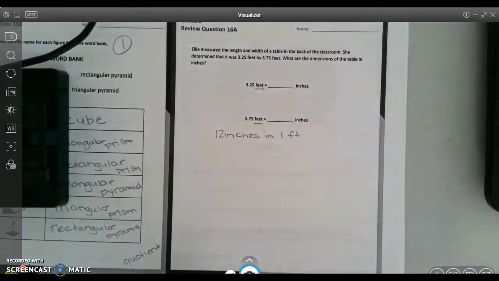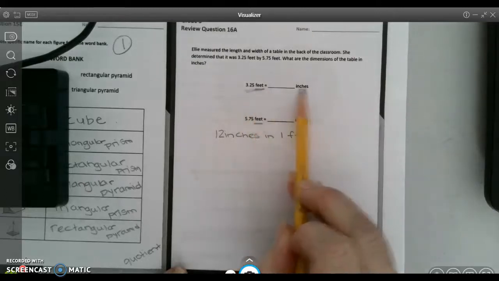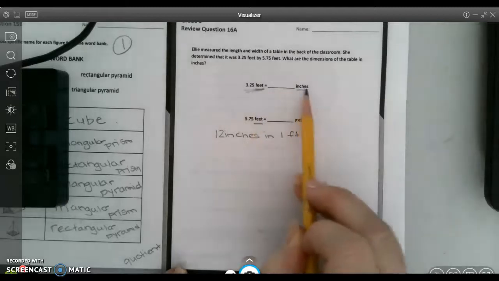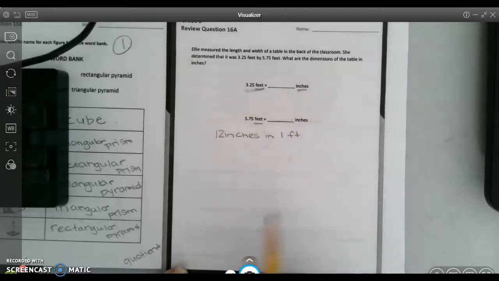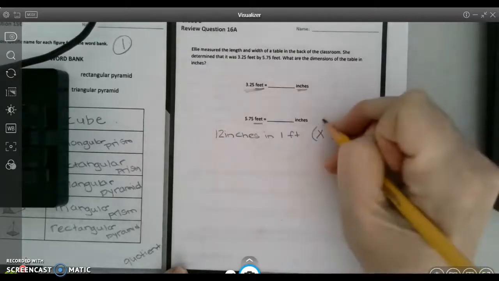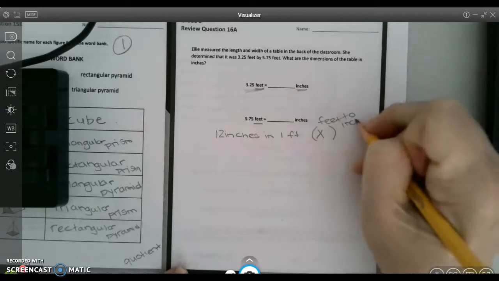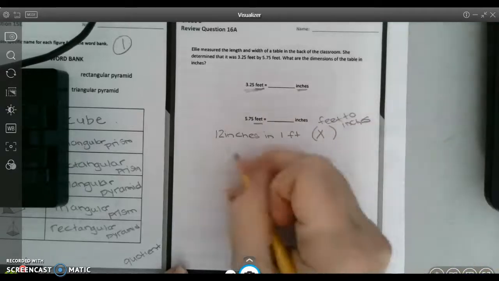So we need to take our feet, because we're going from a bigger unit to a smaller unit. Feet are bigger than inches, so when we do that, we multiply when we go from feet to inches.